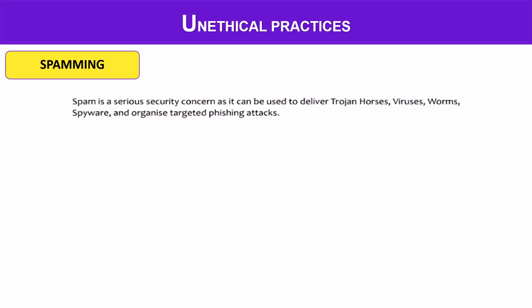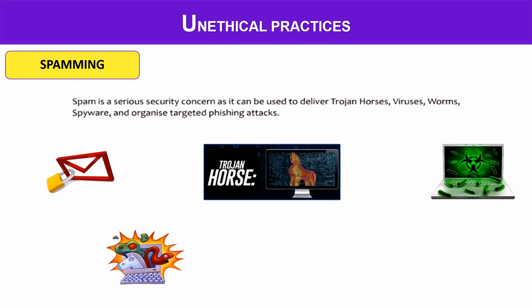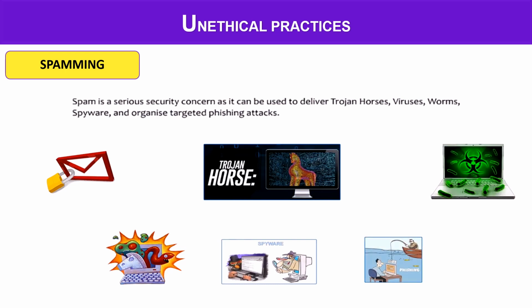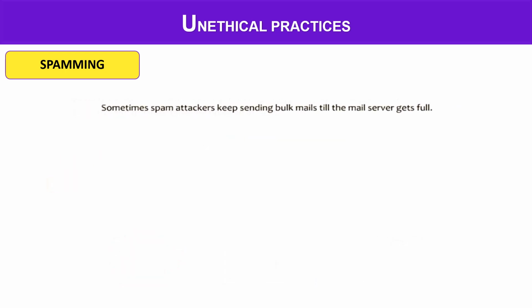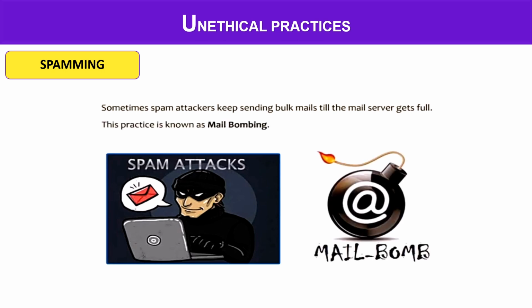Spam is a serious security concern as it can be used to deliver Trojan horses, viruses, worms, spyware, and organize targeted phishing attacks. Sometimes spam attackers keep sending bulk mail till the mail server gets completely full. And this practice is known as mail bombing.